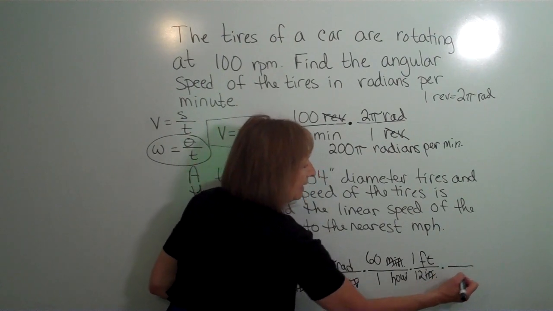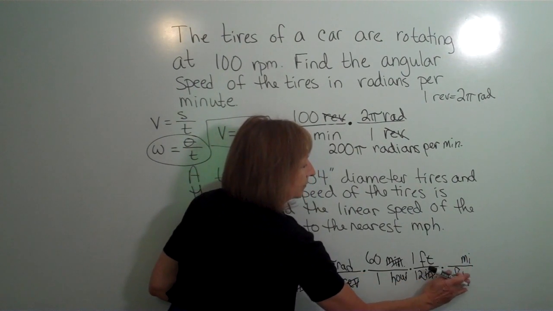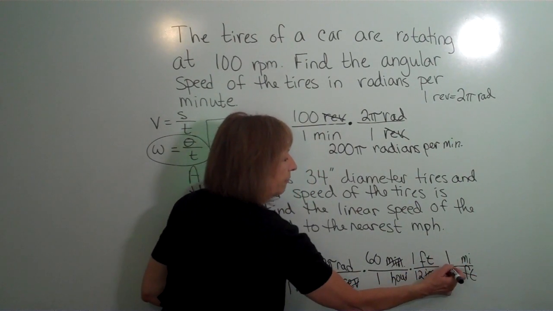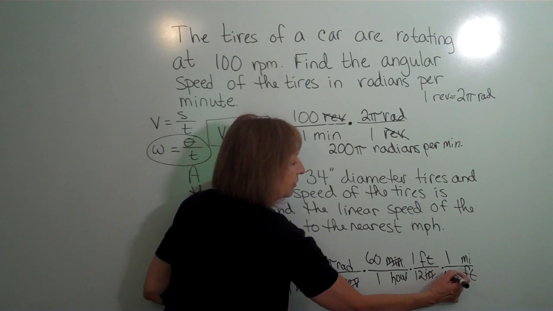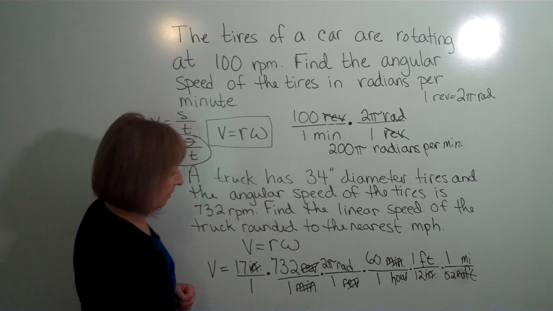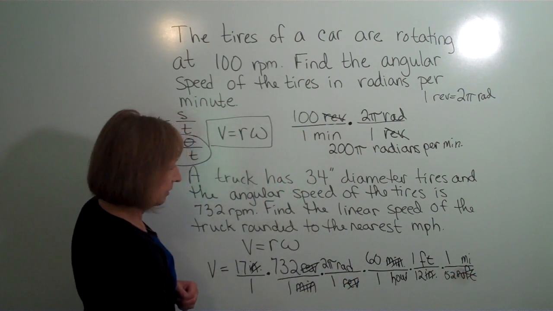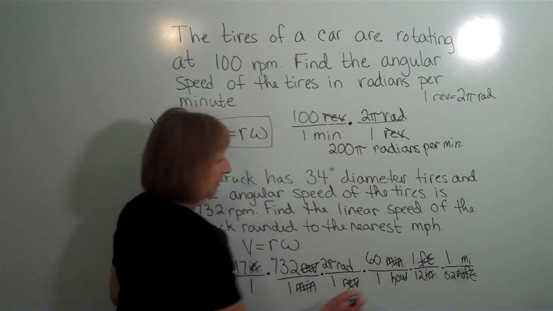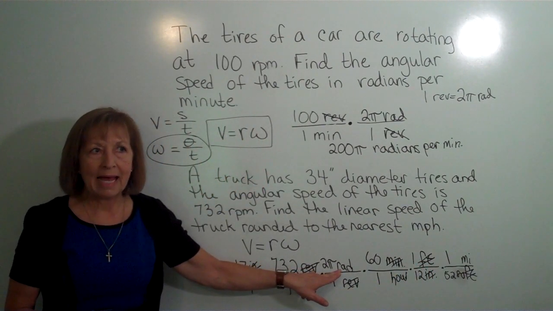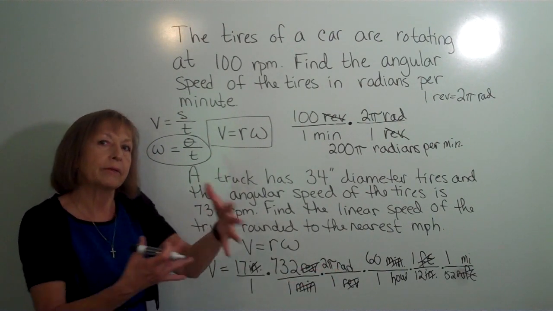And then lastly, I need to take out the feet and put in mile. And a mile is bigger than a foot, and it takes 5,280 feet to make up a mile. So now the feet units cancel. Okay, and notice radians is in there, but that is part of the assumption of 2 pi radians.